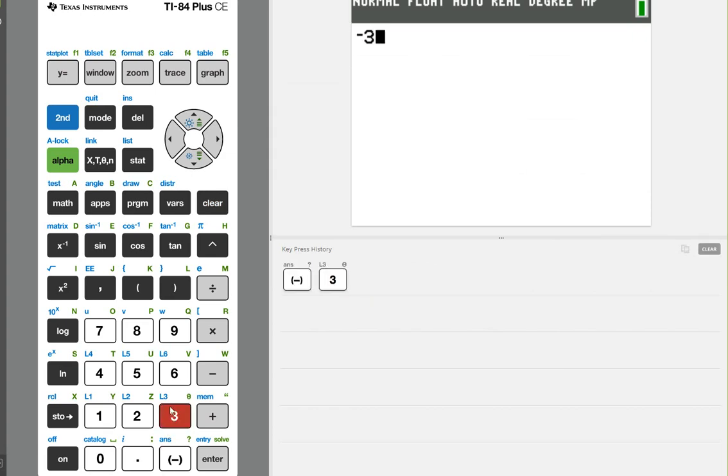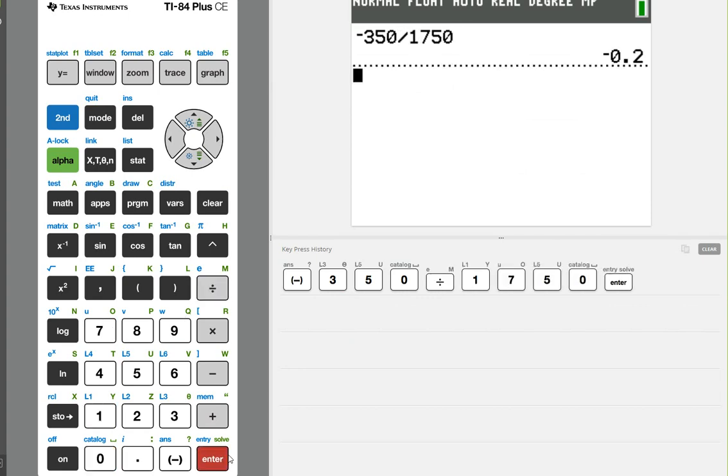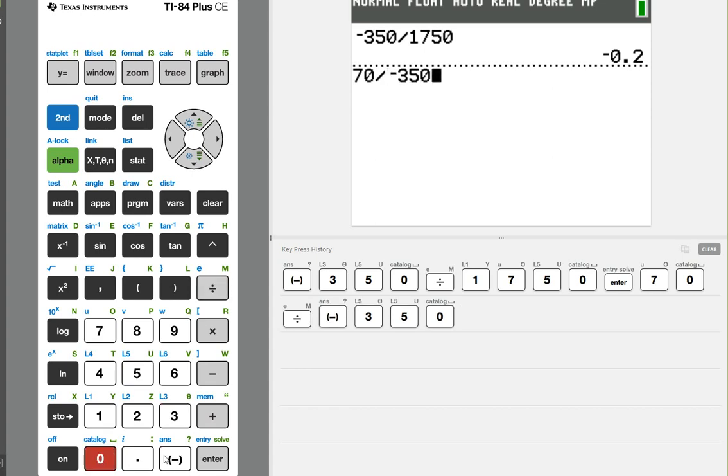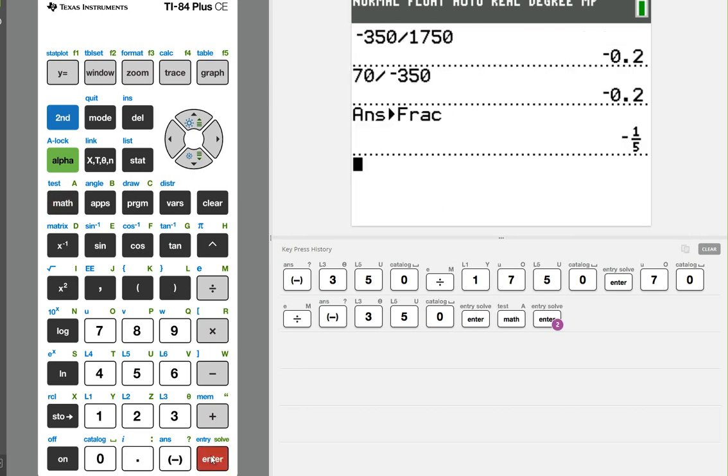So negative 350 divided by 1750 gives me negative 0.2. What about 70 divided by negative 350? Oh, I get negative 0.2 again. What is that as a fraction? Because your instructor likes fractions, negative 1/5.